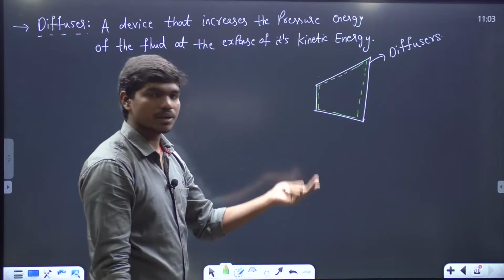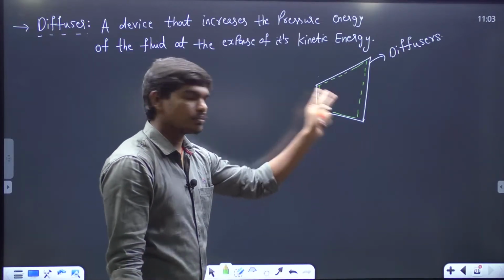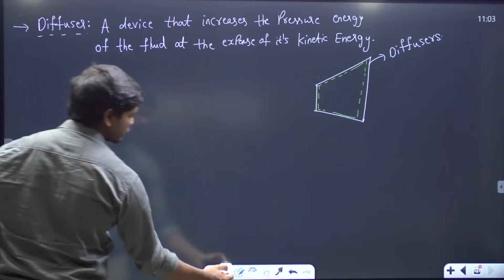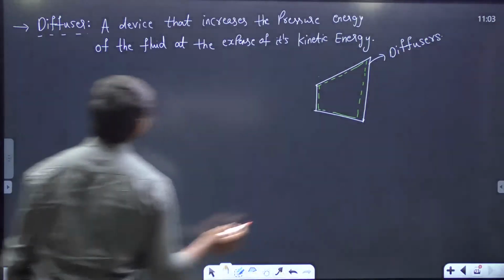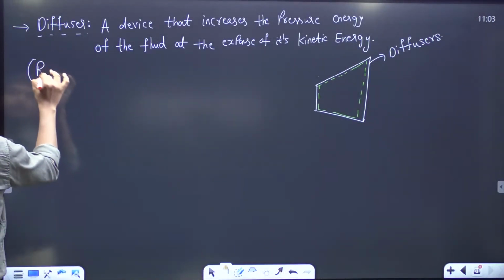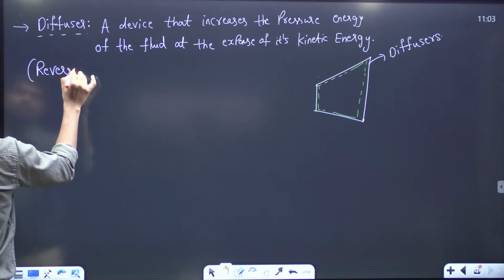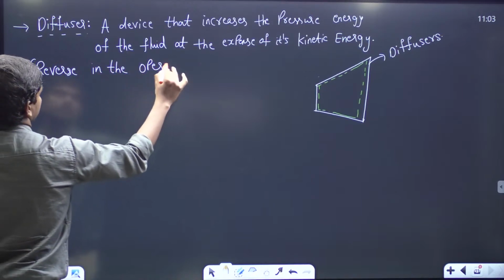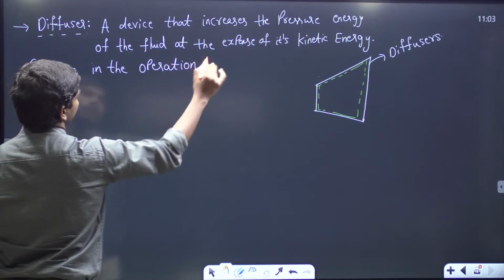The analysis is the same, because even though it is decreasing the velocity, in practical applications these velocities are still very high. So the same equation that we derived for the nozzle holds good here. It is reverse in the operation to that of a nozzle.